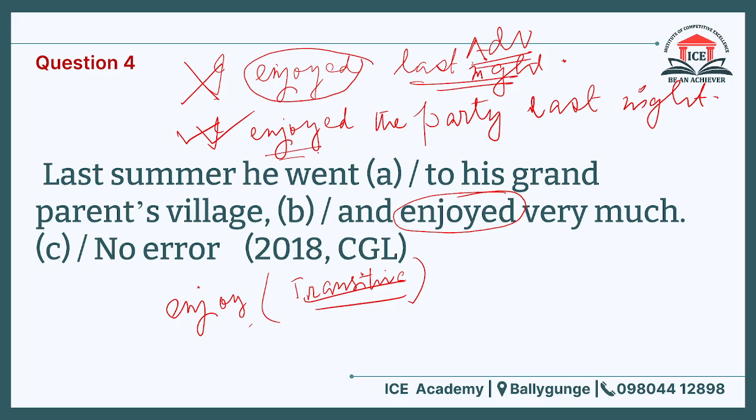In the next sentence, the verb enjoy has a noun, the party. Now this becomes the object of this verb, therefore this sentence is correct.